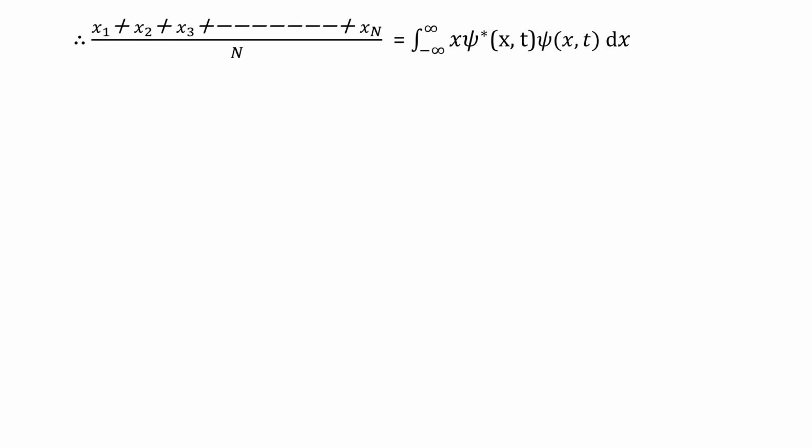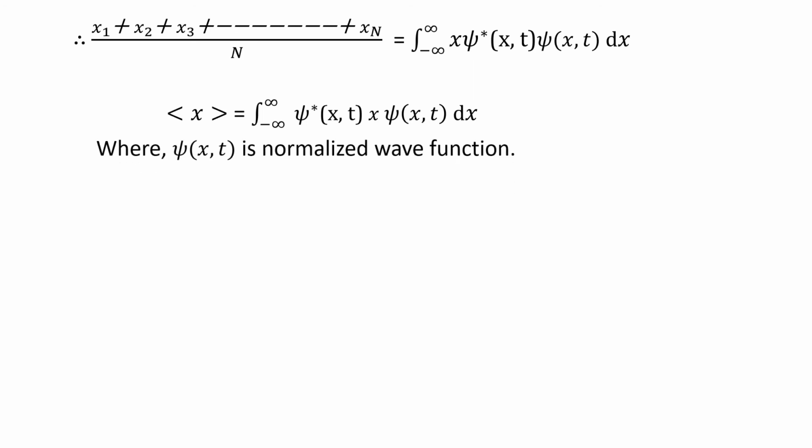This is the RHS of that equation, and it gives the value: angle bracket x, the expectation value of x, is equal to the integration from minus infinity to plus infinity of psi star(x,t) x psi(x,t) dx, where psi(x,t) is a normalized wave function, also known as a well-behaved wave function.